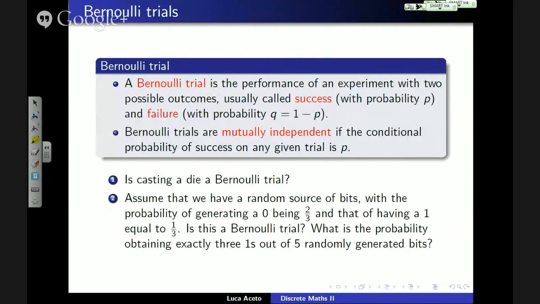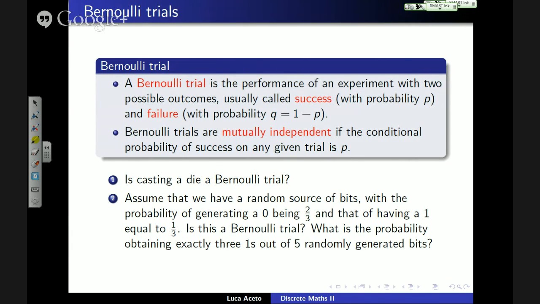If this was a deterministic generation of bits, then perhaps it would not be mutually independent. Perhaps the generation of the next bit depends on some history of what has been generated so far, or parts of it. We don't know. But if it's completely random, then it's a mutually independent Bernoulli trial.